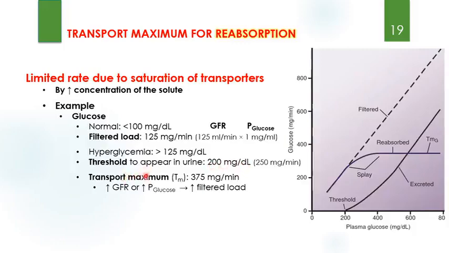But the capacity of nephrons to transport glucose, the highest level of transportation, or the maximum transport, is 375 milligrams per minute. So when the filtered load of glucose is increased due to, for example, increased glucose level in the plasma or increased GFR, glucose may appear in urine.